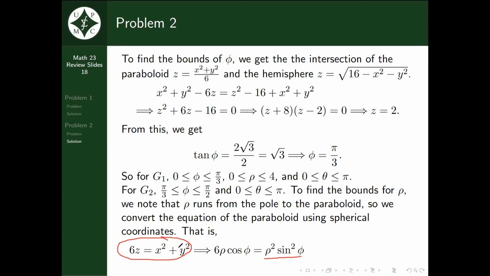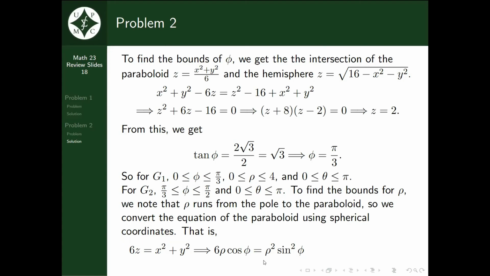And let's just note that as we solved earlier, x squared plus y squared is rho squared sine squared phi, and z is just rho cosine phi. So it's important to know the identities of your spherical coordinates in order to solve these kinds of problems.